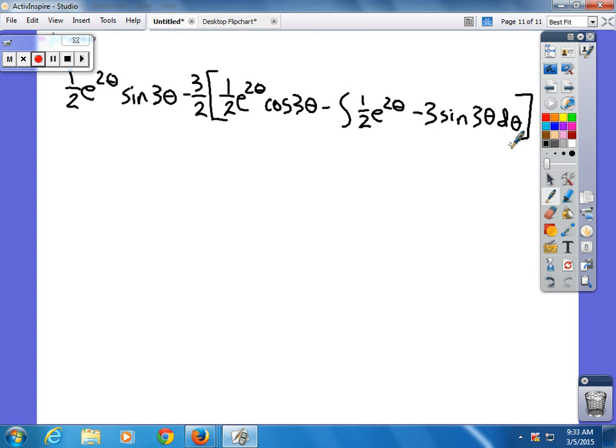This negative 3/2 can come out right here, correct? And that'll make that a positive 3/2. Y'all help me out.